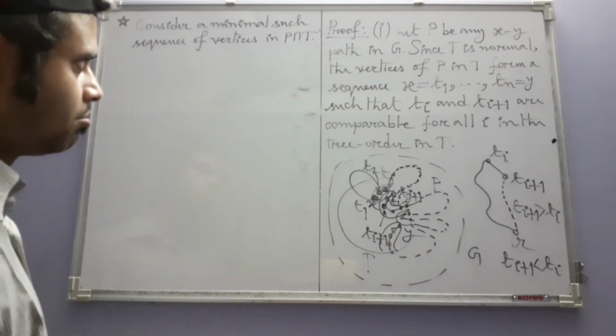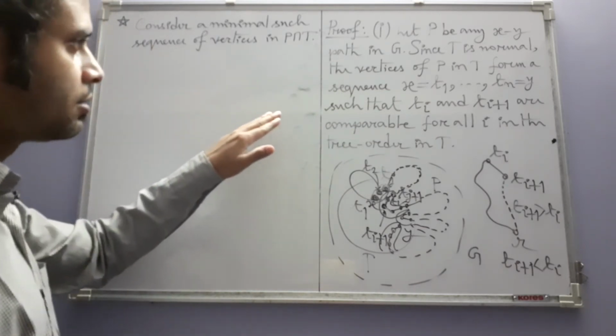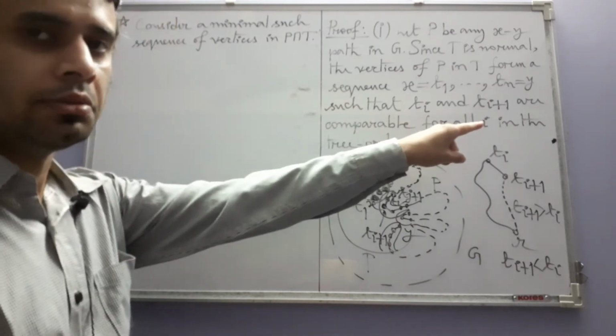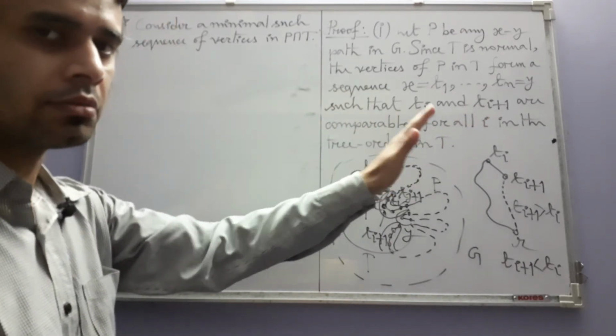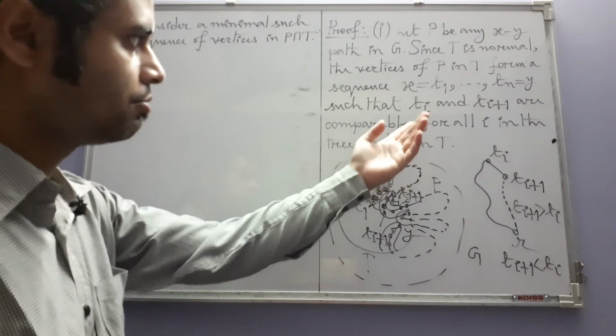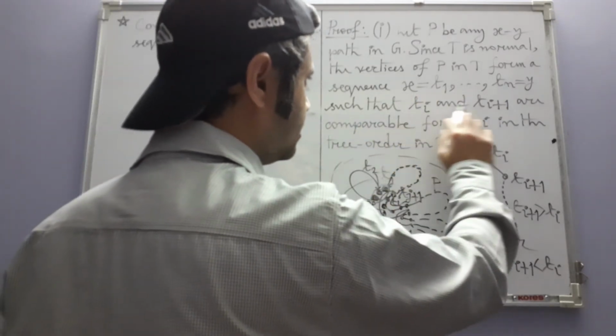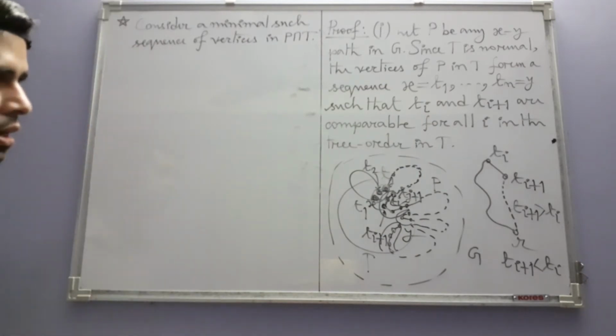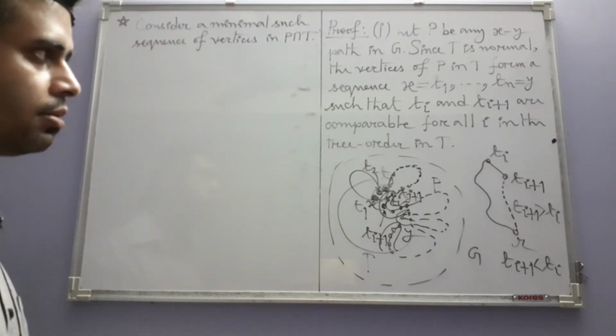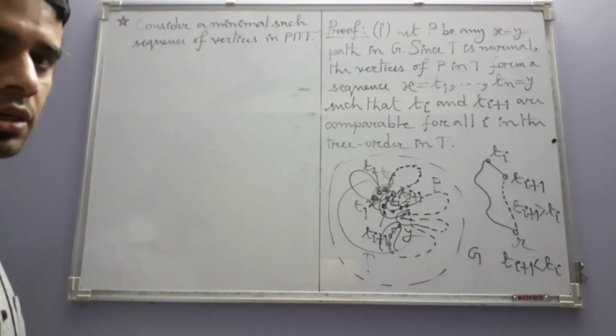But minimal with respect to this property, not just vertex number, but also that Ti and Ti plus 1 are comparable for all i in the tree order in T.